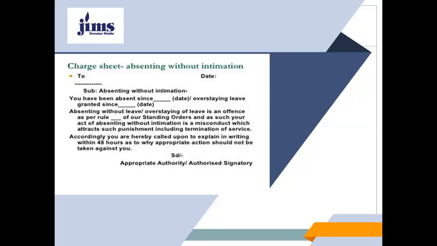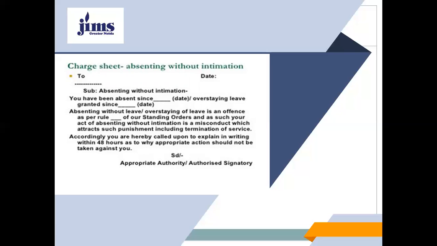So this is a kind of format you can follow: that you have been absent since, you will mention the date, or overstaying leave granted since, again you will mention the date. Absenting without leave or overstaying of leave is an offense as per rule.